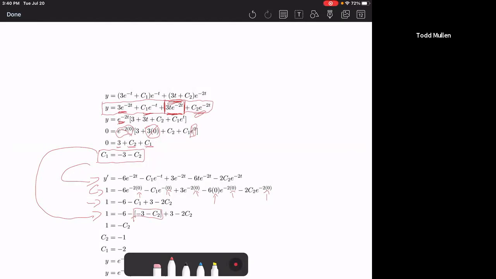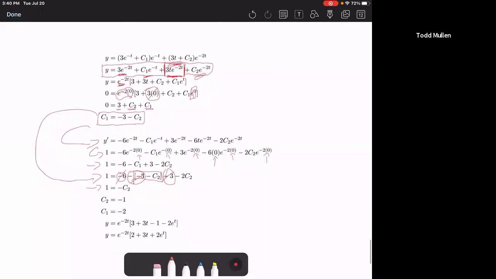And now, rather nicely, we have a positive 3 here, negative 3 is positive 3, and that's going to cancel out with this negative 6. So all of those are just gone. And we're left with 1 is equal to negative c2. Well, that's clearly not right. No, it is. Okay, good. Because this negative 3 may be gone, but this negative times this negative actually turns this c2 into a positive.